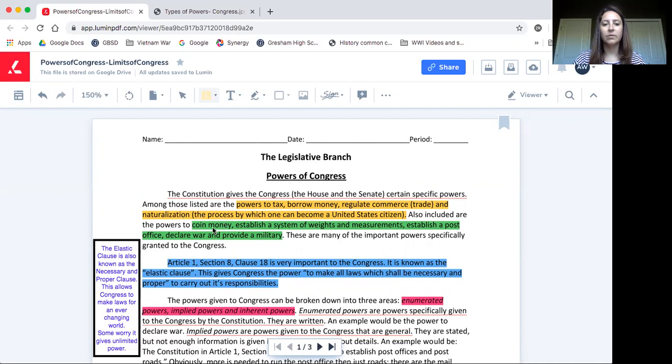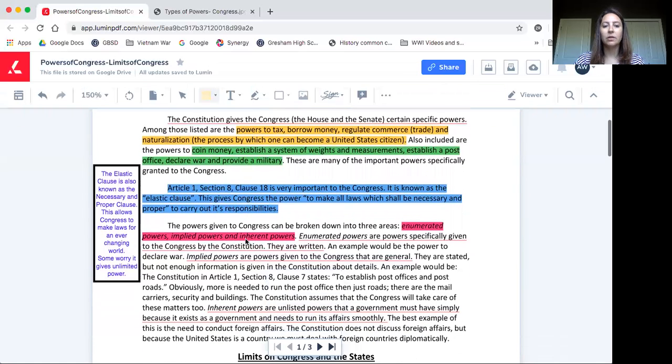There also is coining money, which means to make money, a system of weights and measurements, which at the time was really important but now not so much, the post office, and declaring war. Some students often don't know or understand this, but Congress actually declares war. The president cannot declare war. And then finally, provide for the military. These are the ones that are specifically listed.